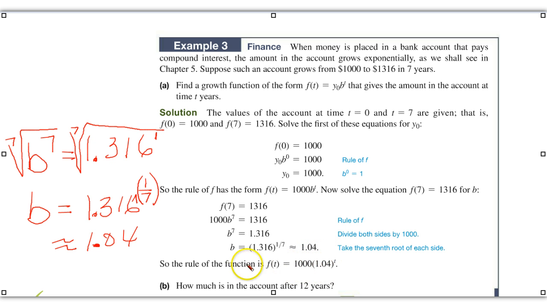So the rule then for letter A would be f of t is such that it's 1000 times b now, which is our rate, sort of, raised to the t power. Okay, and I believe this is in your booklet as well.